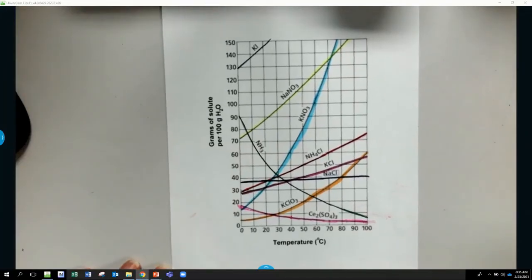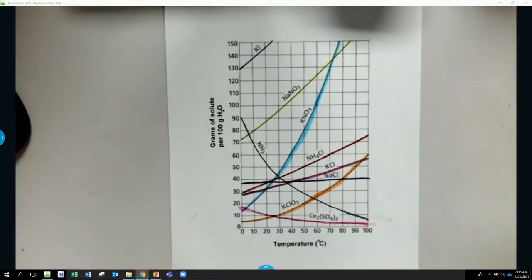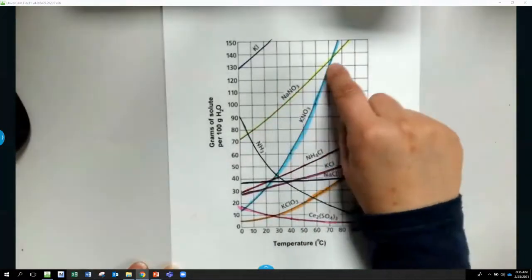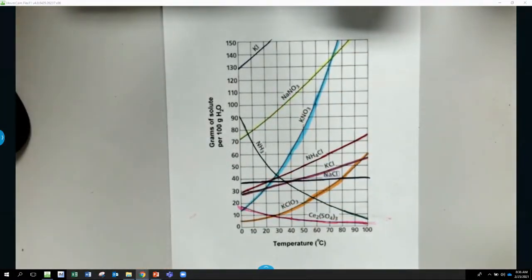Okay, this is my solubility curve, the one I just showed you. Like I said, in Schoology, you have a solubility curve that says blank solubility curve. I'd like you to please print that up. Once it's printed up, I would like you to outline each line in a different color. You can use a highlighter, colored pencils, or markers.